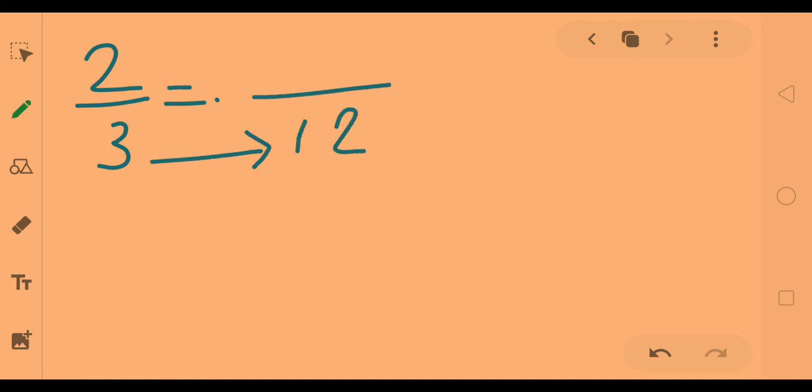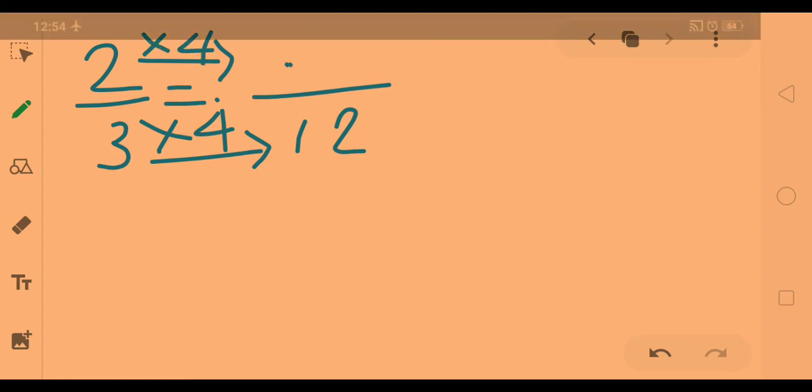So the problem is 2 by 3. We need to get the denominator to be 12. 3 to 12, what number is being multiplied with 3? It is 4. So the numerator also we multiply with 4. 3 4s are 12, 2 4s are 8.